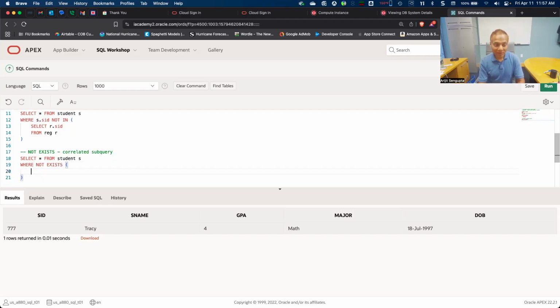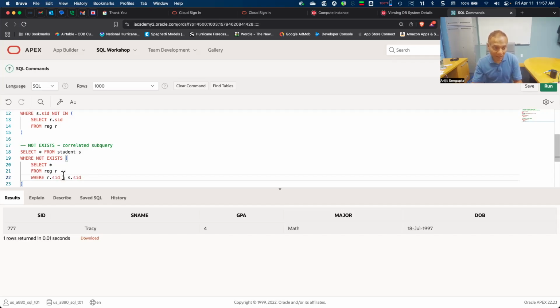So what doesn't exist? There doesn't exist any registration in their name. So any registration would be select star from reg R, but they need to be on their record, right? So where r.sid equals s.sid.